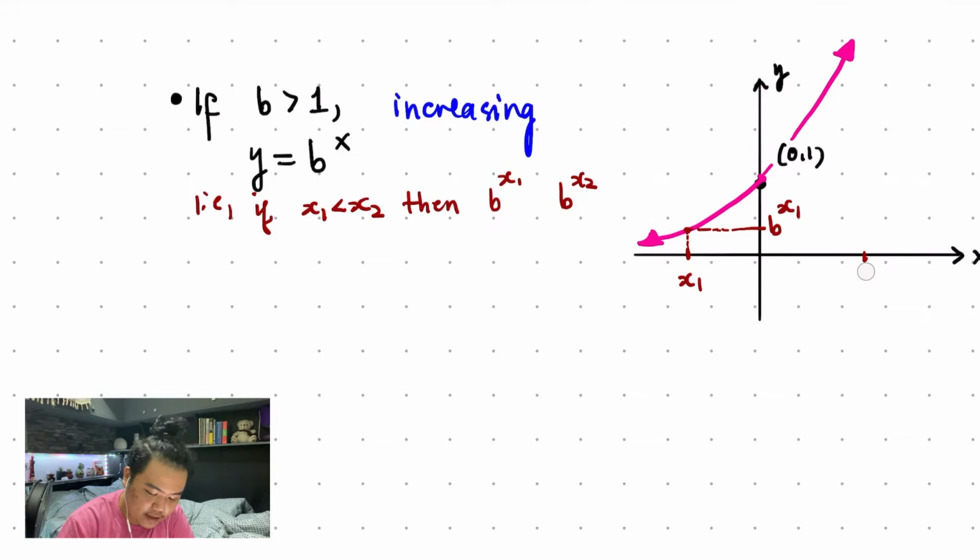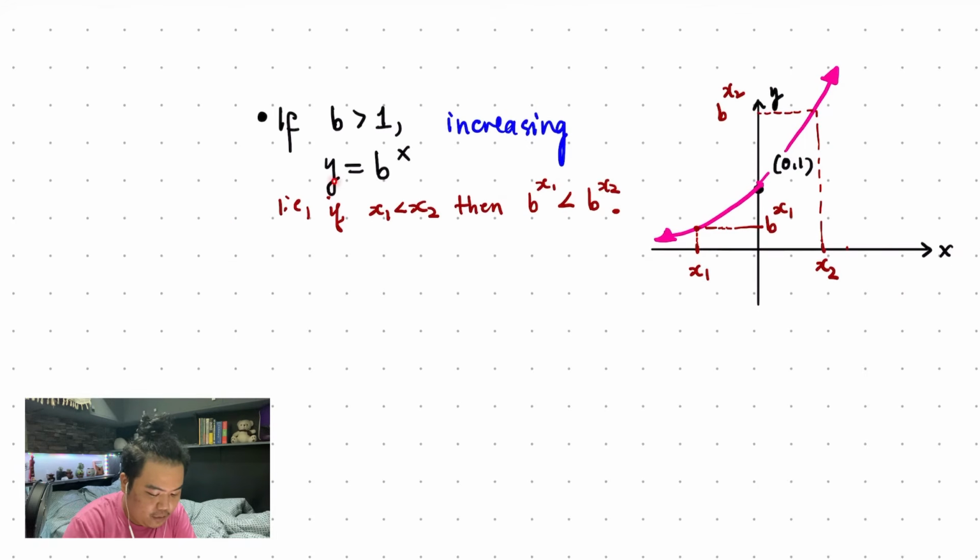Adjust ko na lang ha, kasi I need space. Let's say this is your x2. So this is b raised to x2. And as you can see, larger si b raised to x2. So ang ibig sabihin ng y equal to b raised to x is increasing ay if you get two real numbers, x1 less than x2, kapag in-apply mo yung b sa kanilang dalawa, you retain the inequality sign.